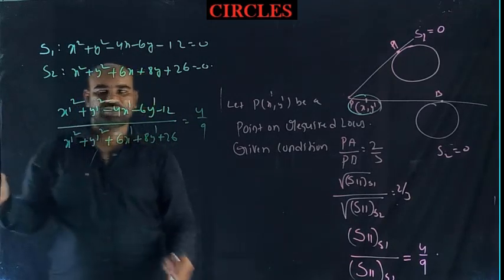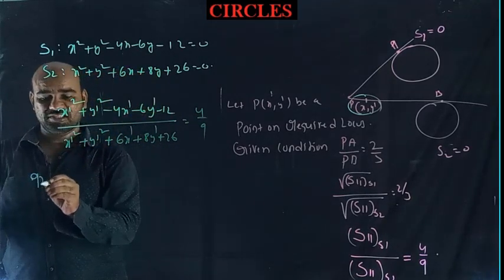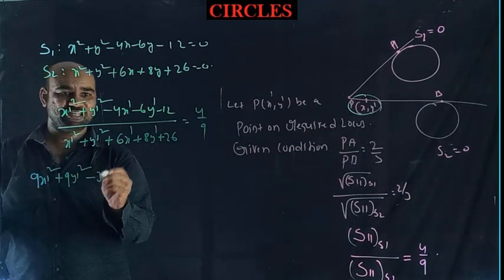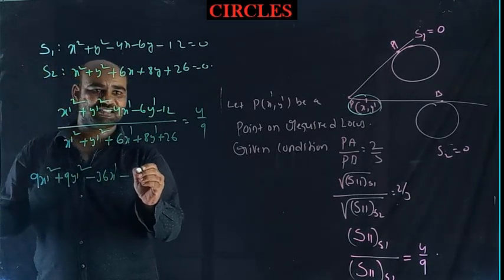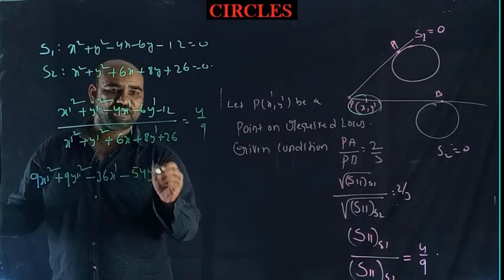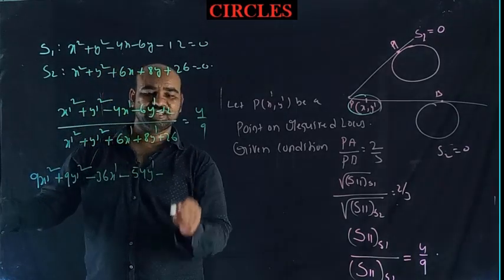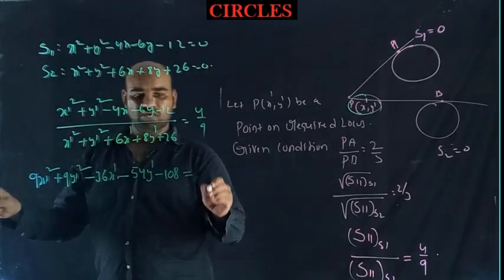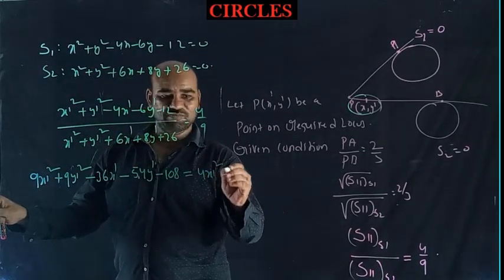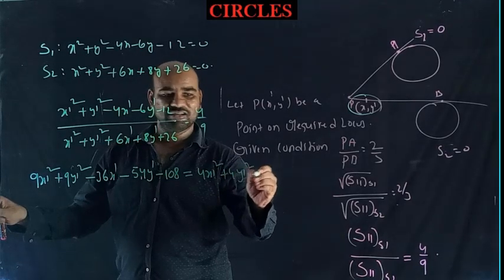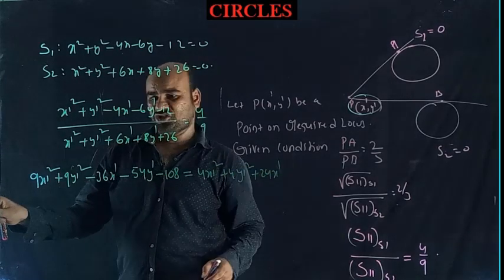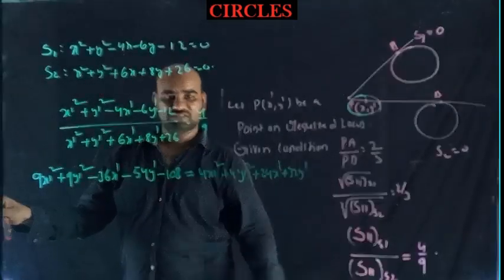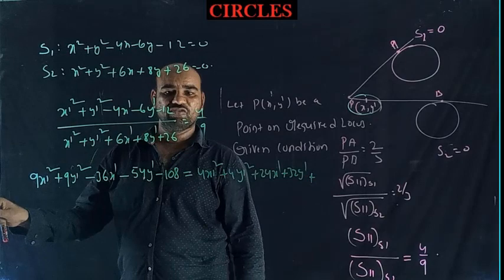Now we want to simplify. 9x dash square plus 9y dash square minus 36x dash minus 54y dash minus 90 plus 18, that is 108, is equal to 4x dash square plus 4y dash square plus 24x dash plus 32y dash plus 80, plus 24, that is 104.